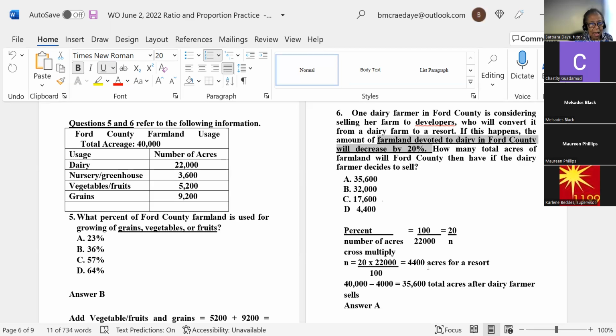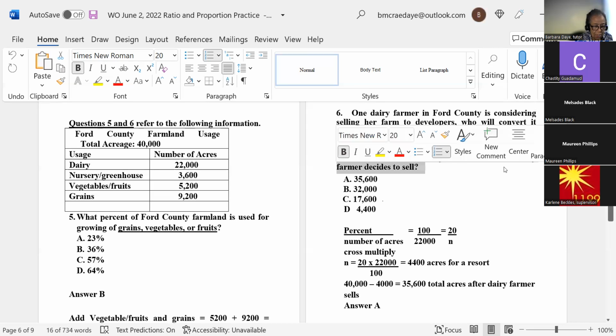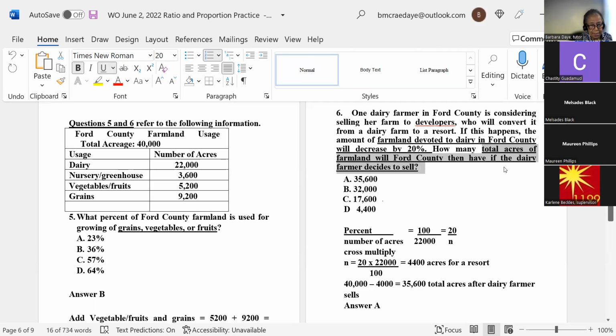Because it says how many total acres. Notice what it says. How many total acres of farmland will Ford County then have if the dairy farmer decides to sell? So you started out with 40,000. The sale was a decrease of 20% of that 22,000 acres that was for dairy.